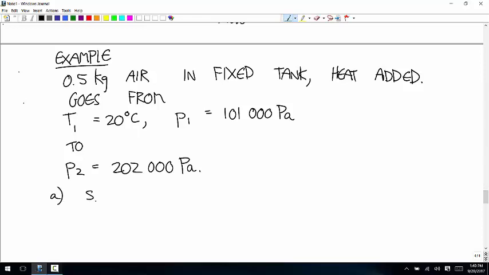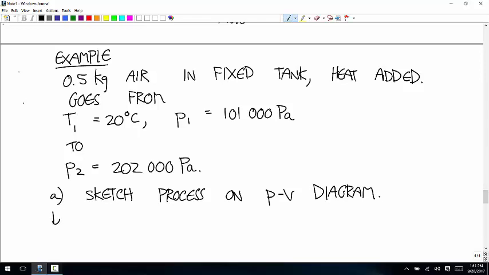So first, let's sketch this process on a pressure versus volume diagram. And then second, what's the temperature at state 2?